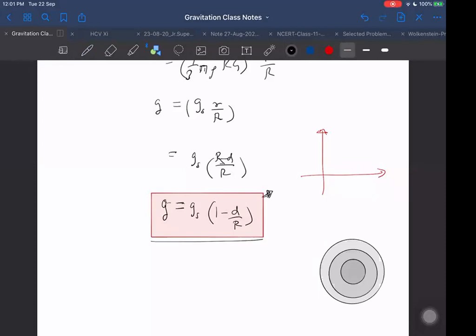So let us say these materials are there already, and now we want to discuss this.